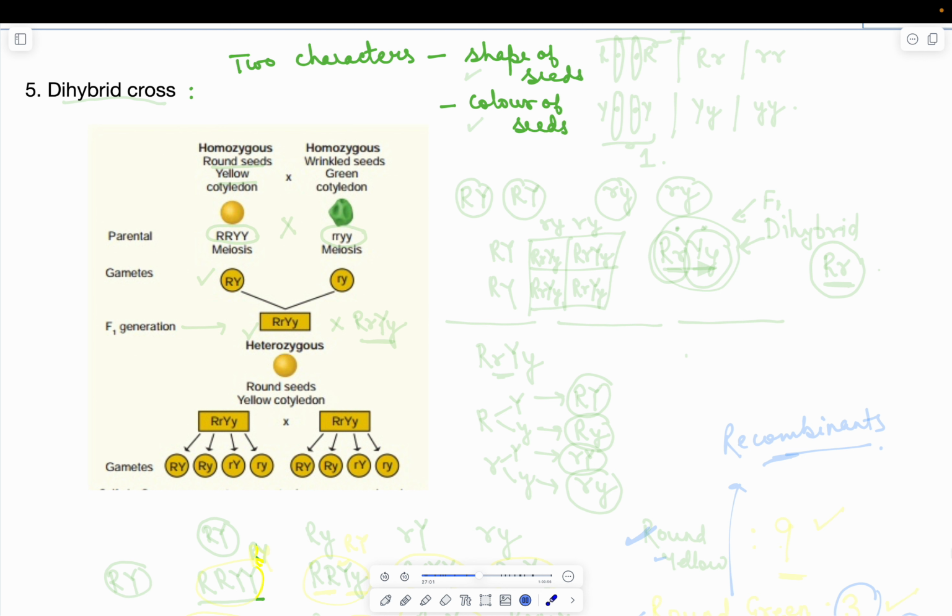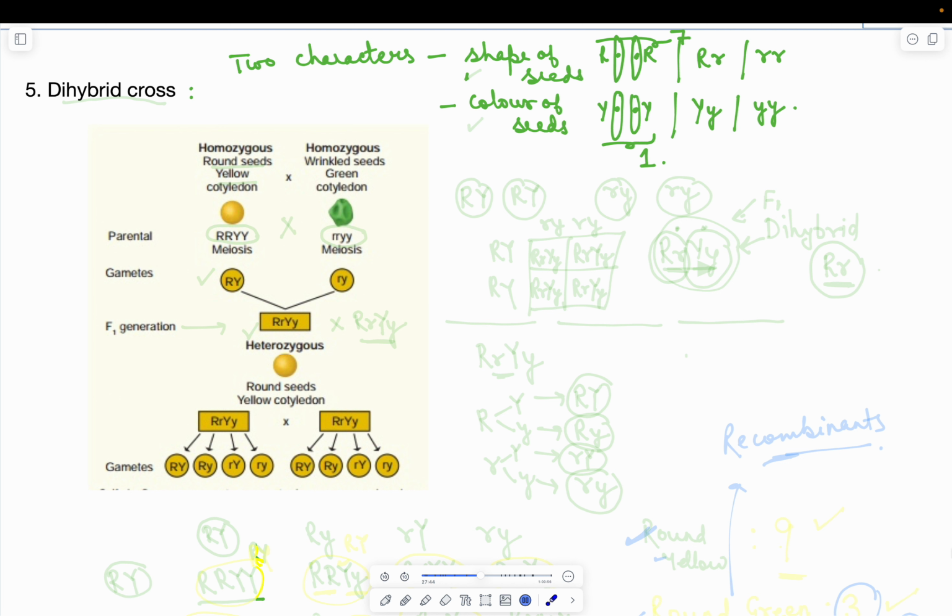And very obviously the shape of the seeds was controlled by a different pair of alleles, either RR, R small r, or small r small r, and the color of seeds was controlled by another pair of alleles, right? Either homozygous dominant, hybrid or recessive. Fine, so this was located on chromosome 7. This pair of alleles was located on chromosome 1.